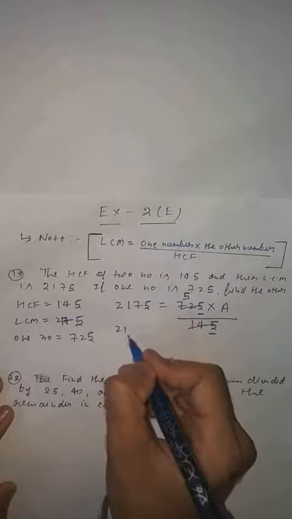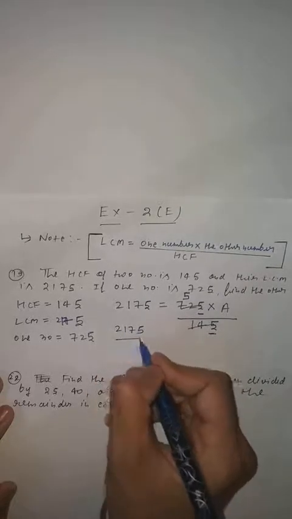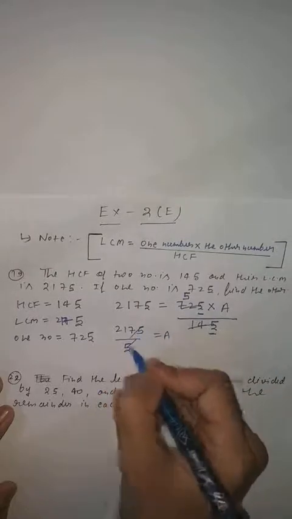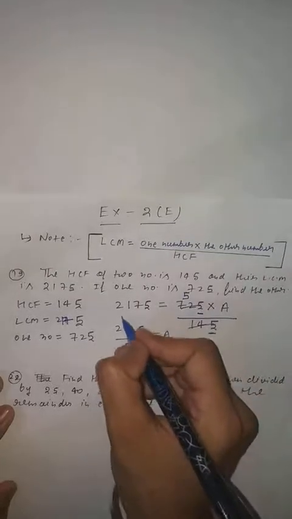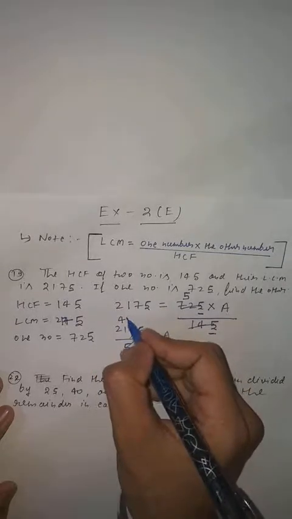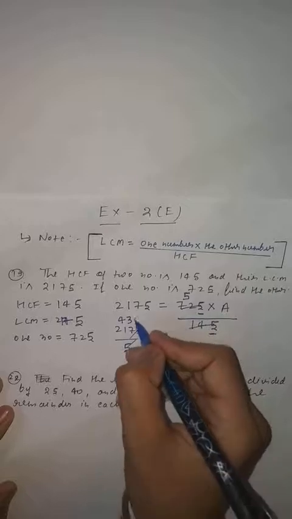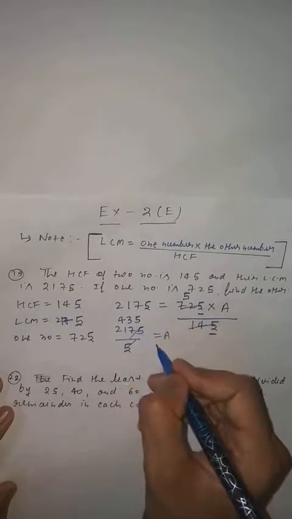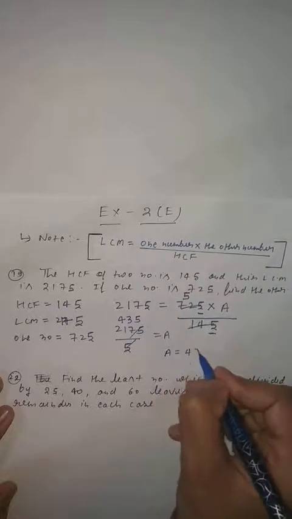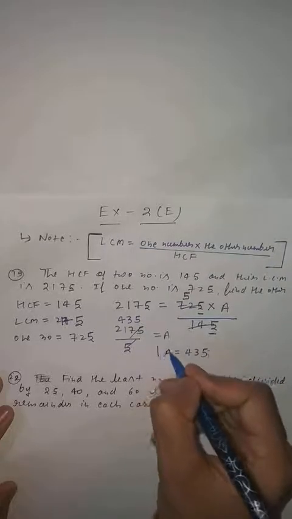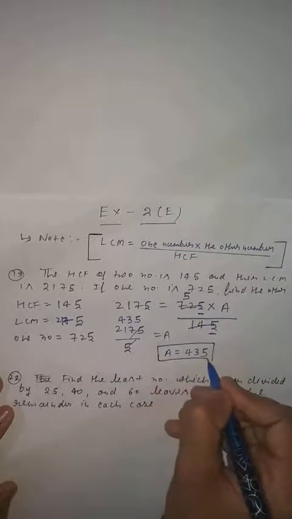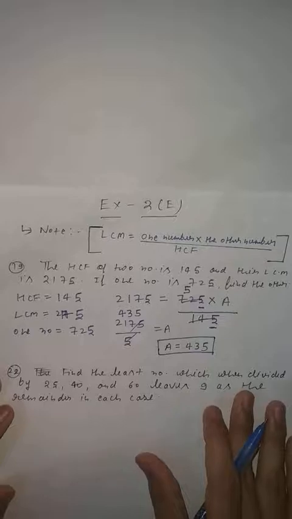Now 2175 divided by 5 equal to A. Now divide it. 5 4s are 20, 1 remainder. So 1 and 7 become 17. 5 3s are 15, 2 remainder. 5 5s are 25. Clear, students? So the value of A is 435, and this is your other number. So on the basis of this formula, students, you can solve the question of HCF LCM.